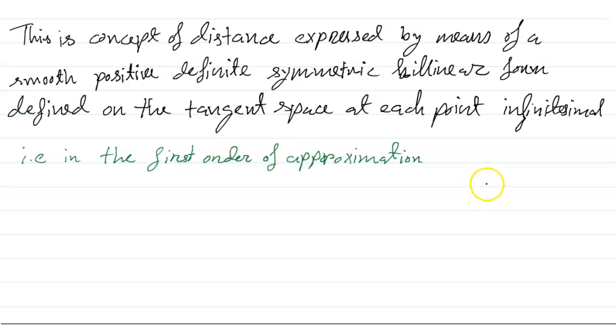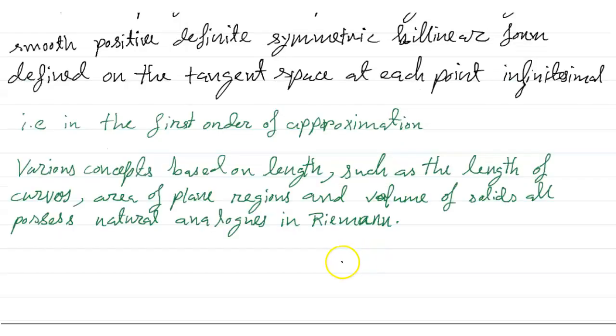Various concepts based on length, such as the length of curves, area of plane regions, and volume of solids, all possess natural analogues in Riemannian geometry. Now, this is the note. A distance preserving diffeomorphism between Riemannian manifolds is called an isometry.